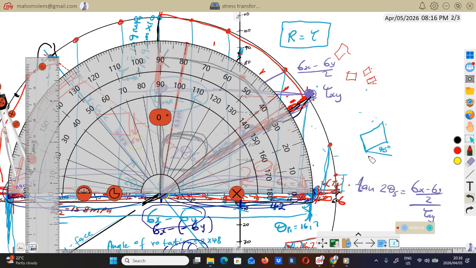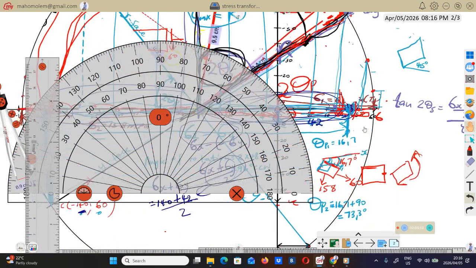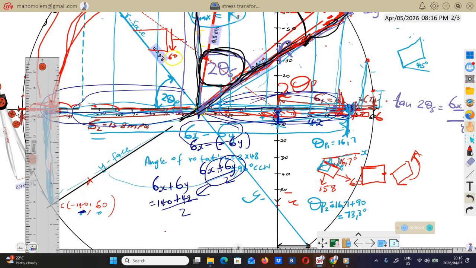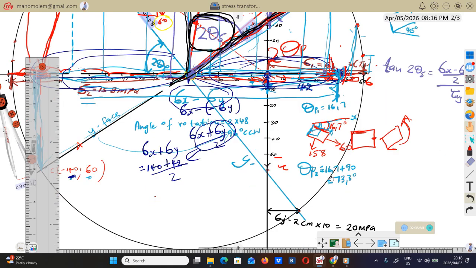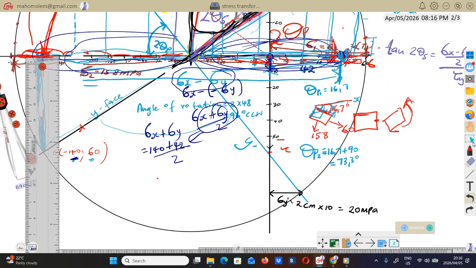Or the other way, remember, you must use a ruler here. Remember, even from the point of origin, from here, using a ruler, vertically downward, this is still the plane of maximum shear.